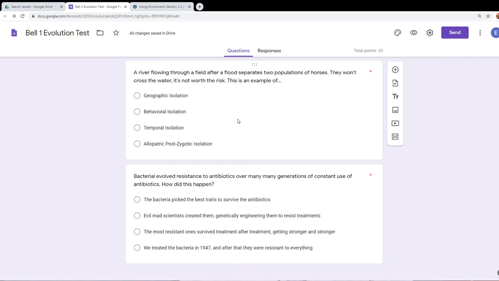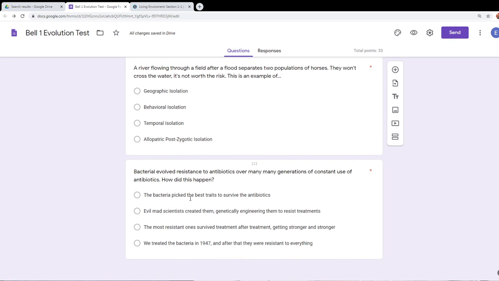They won't swim across. Is this a geographic isolation, a behavioral isolation, a temporal isolation, or an allopatric postzygotic isolation?